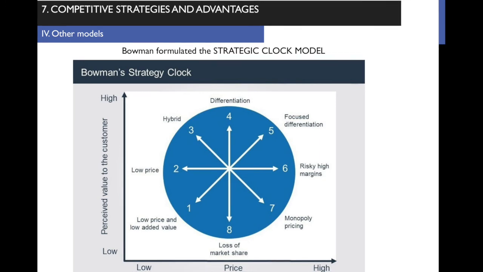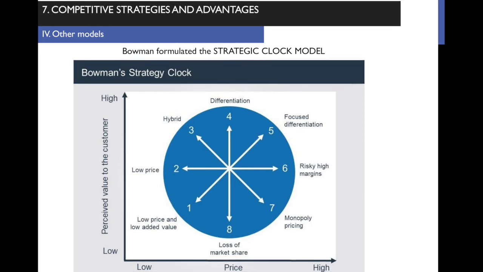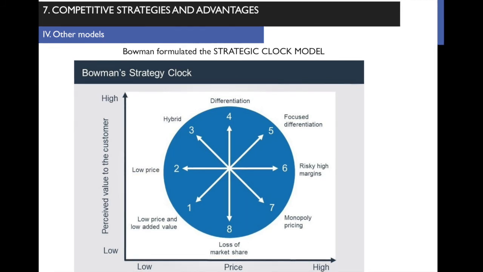On the other hand, it's possible to survive in these situations when you are a monopolist. If you are a monopolist, the customer has no option. So maybe the perception of the value that the customer gets is lower than the price he pays, but you are a monopoly. The customer has no chance, has no option.